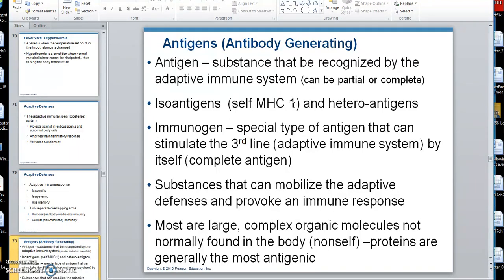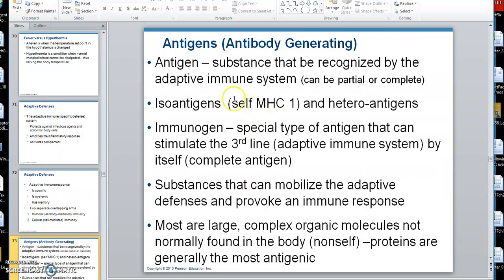So if I take one of your cells and put it in me, though you did not attack your flag, I would. So in you, it's an isoantigen. Why do we say an antigen? Because it would stimulate the human immune response. It's not stimulating it in you because you develop tolerance.